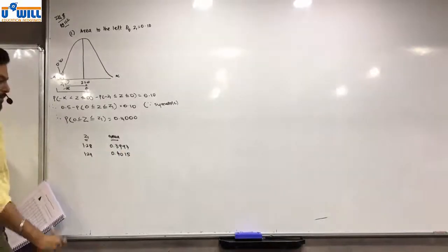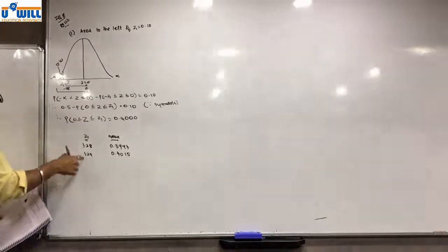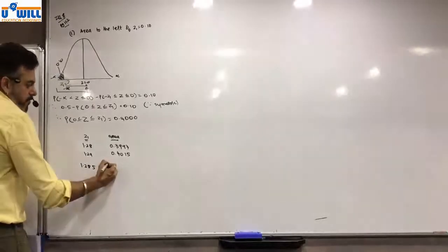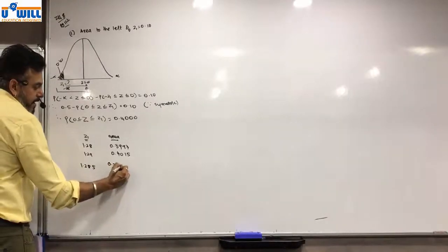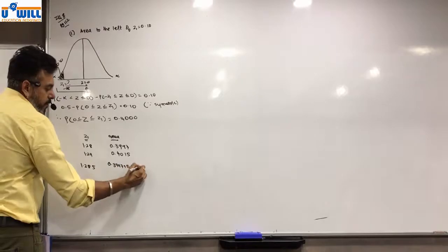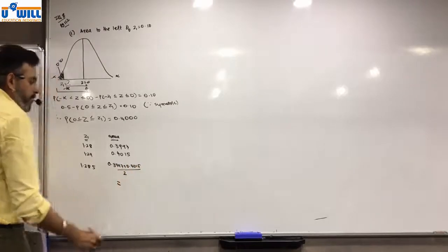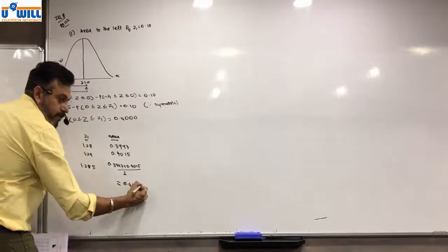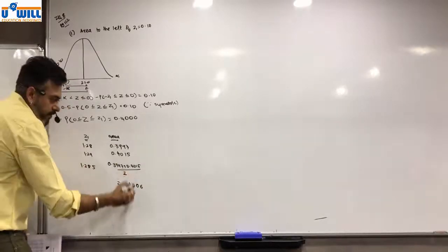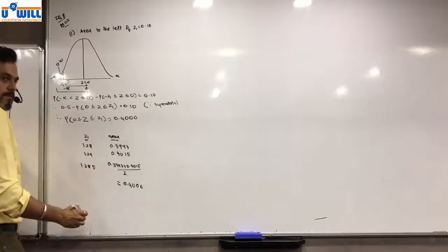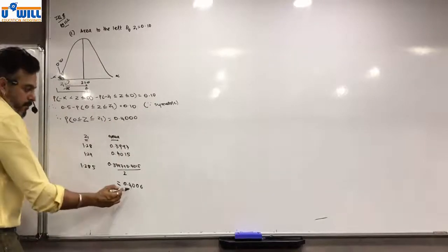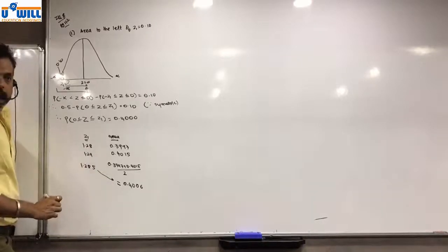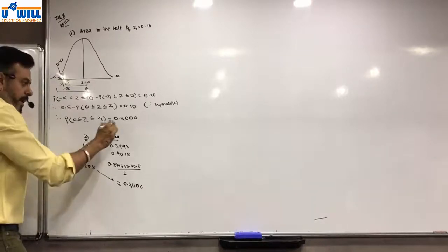Barabar? And then we take the average, which is 1.285, and over here 0.3997 plus 0.4015 divided by 2 is equal to 0.4006. Now which one is nearer to 0.4? This one, 1.285 or 1.28? 1.28.